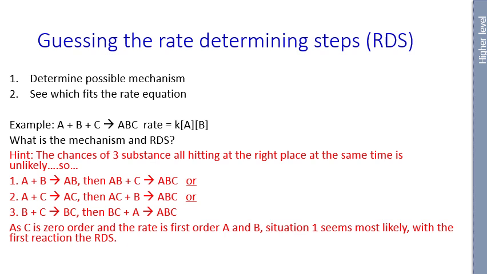So the options are A plus B gives AB, and then AB plus C gives ABC, or A plus C gives AC, and then AC plus B gives ABC, or B plus C gives BC, and then BC plus A gives ABC. As C is zero order and the rate is first order in A and B, situation 1 seems more likely, with the first reaction being the rate determining step.